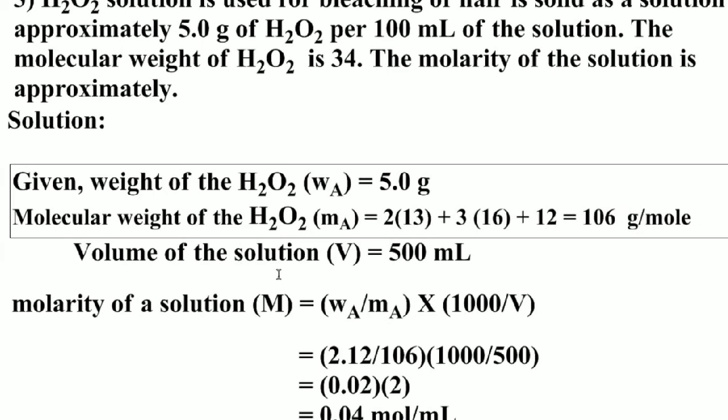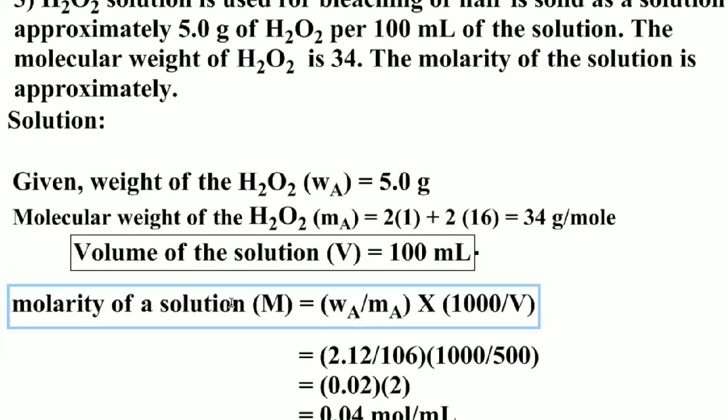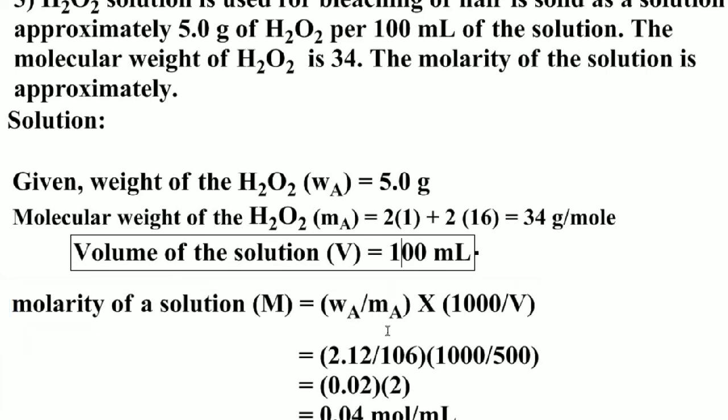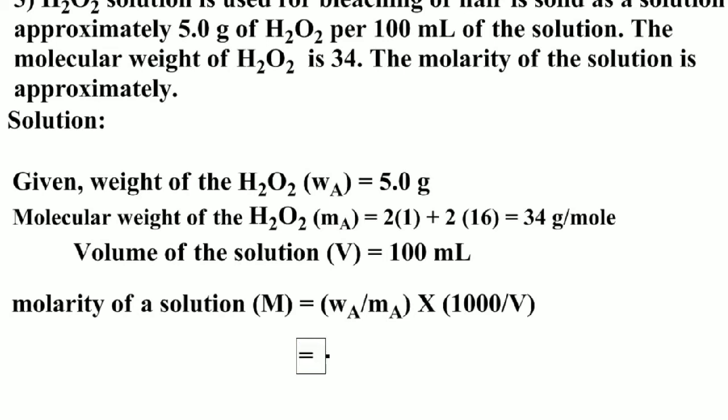So 2 hydrogen atoms, 2 into 1, and 2 oxygen atoms, 2 into 16, that equals 34 grams per mole. And the volume of the solution is given as 100 ml. Now the molarity of the solution M equals weight of H2O2 by molecular weight of H2O2 into 1000 by V. Now we can substitute all these values here.